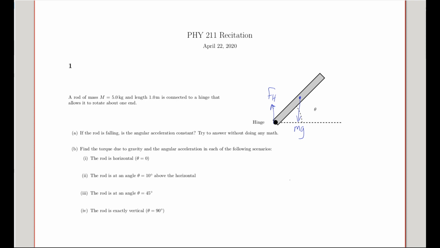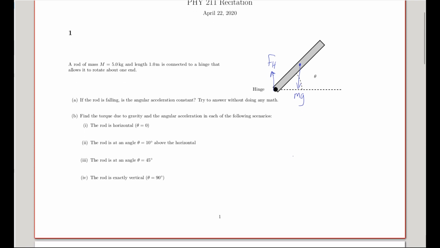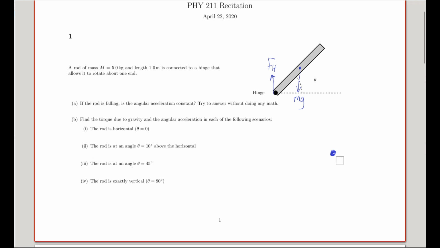Now, as this falls, part B asks us to find the torque. Well, let's start with part A. If the rod is falling, is the angular acceleration constant? No, it is not. You might imagine that if the rod is vertical, for instance, if it is here, then the angular acceleration would be very small because it's almost balanced.